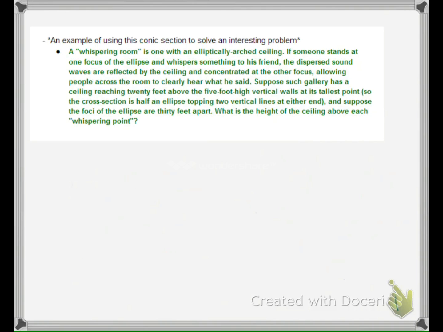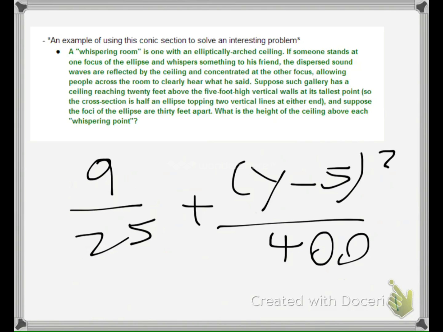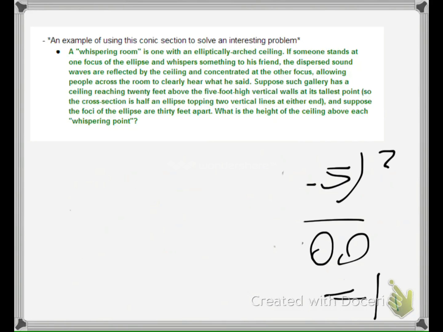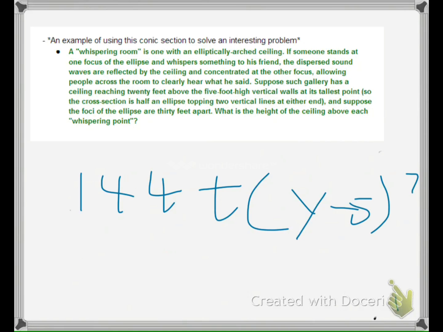We'll get 9 over 25 plus y minus 5 squared over 400 equals 1. And now we just solve the equation further, which will simplify to 144 plus y minus 5 squared equals 400.